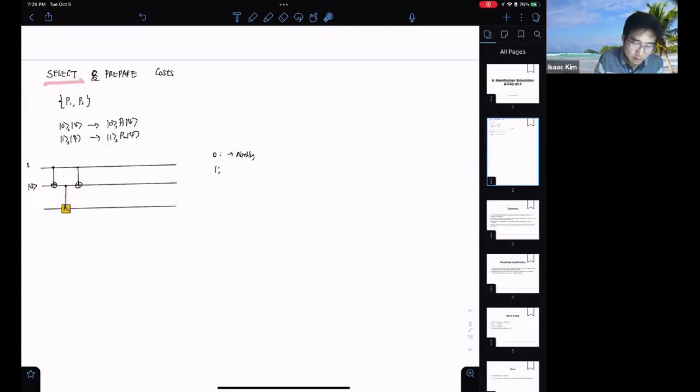And then you can think of the second register as an extra register that stores intermediate computation. If you think about what we learned in the first few lectures, we talked about this uncomputation. So what we're doing is simply doing the uncomputation on this part. After you apply the C0 operation, the second register is back to the 0 state. So effectively, if S is in the 1 state, then you applied P2.